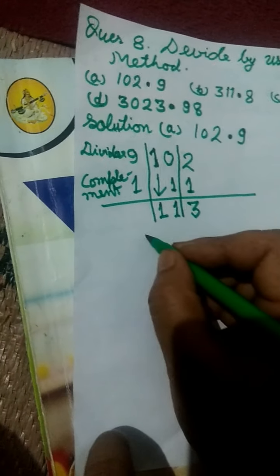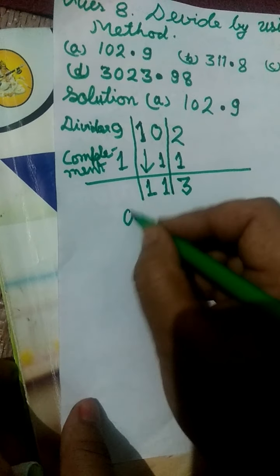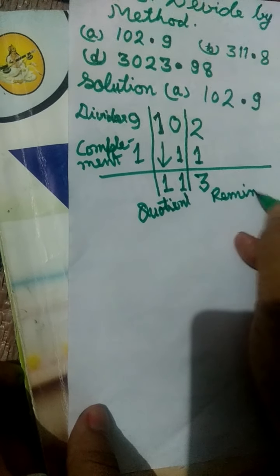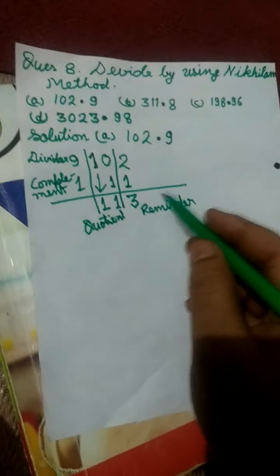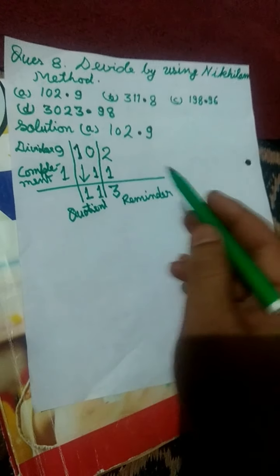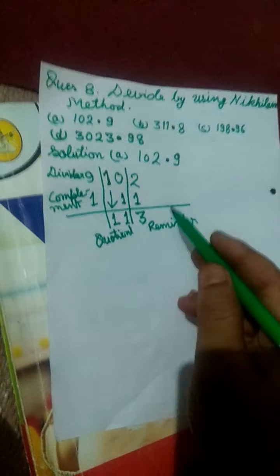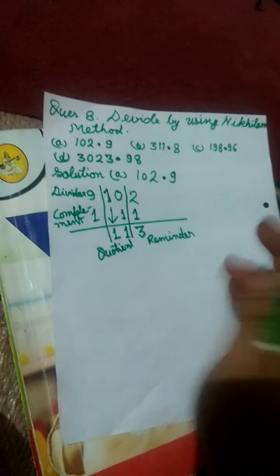The last number is the remainder and the first is the quotient. 3 is the remainder. We have solved this question. We have got quotient 11 and remainder 3.